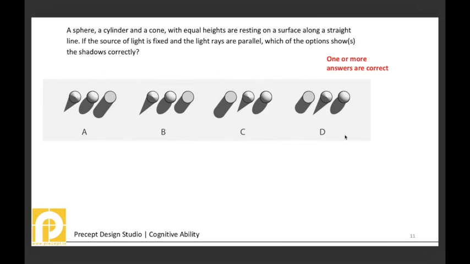Look at the shadow that gets generated. If I draw the line of the shadow for the cone, it will be so big. For the sphere also, the length of the shadow will be so much. And for the cylinder, it will be so much.